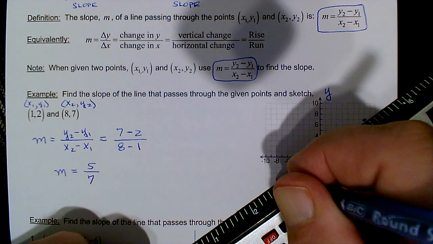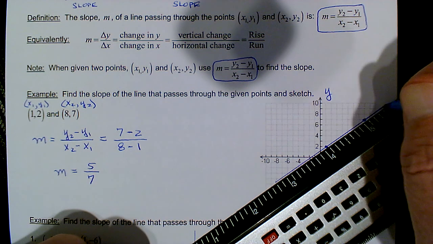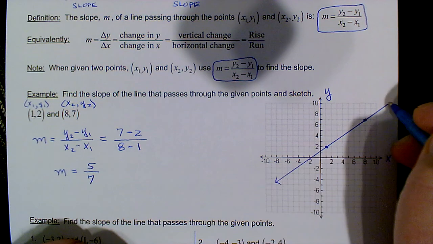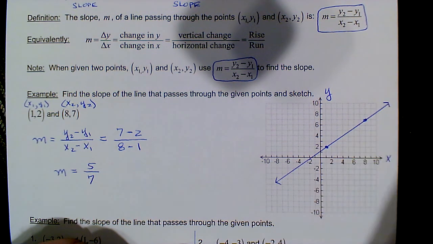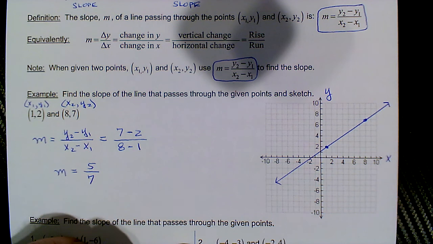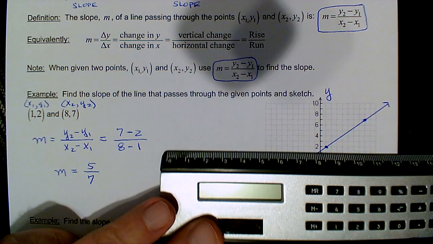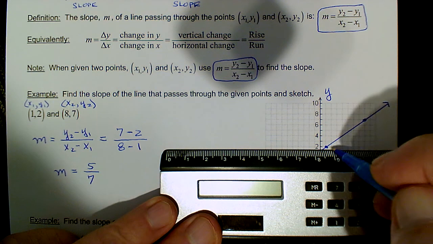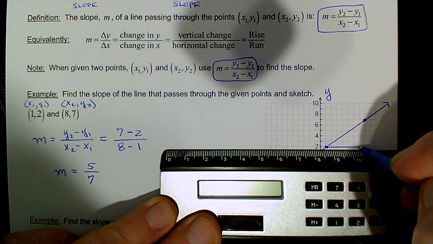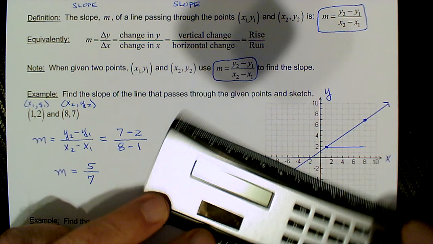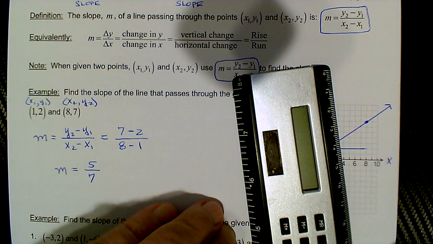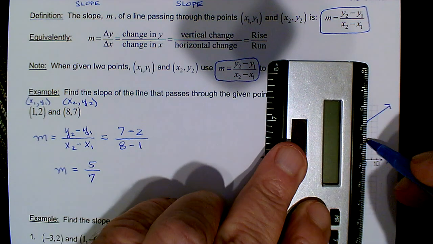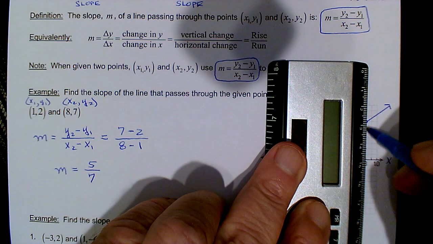And what I wanted to illustrate to you was this. If we make a little angle, draw over to 8 from there, up to 7, the vertical change and the horizontal change are given by these distances. This is what we call the vertical change.